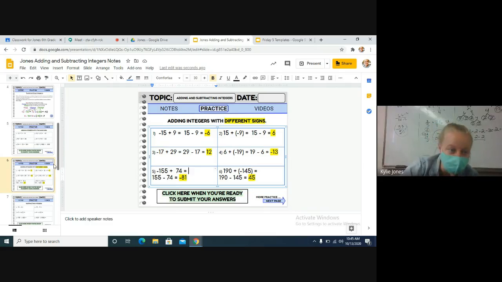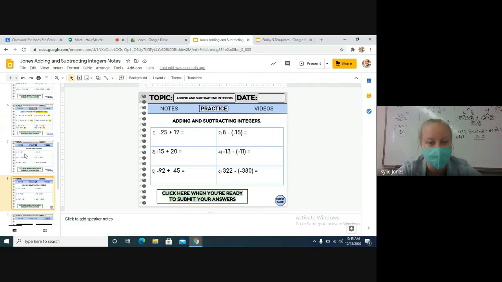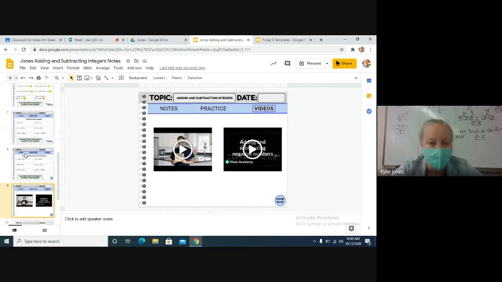Now, if you look at this, there's a couple other things. Do not turn this in. We are going to look at it tomorrow and talk about subtracting. But if you were to scroll through some other ones, if you look at slide number 9, there are some videos if you're confused. We're not going to watch them right now. Maybe tomorrow we'll watch a couple.